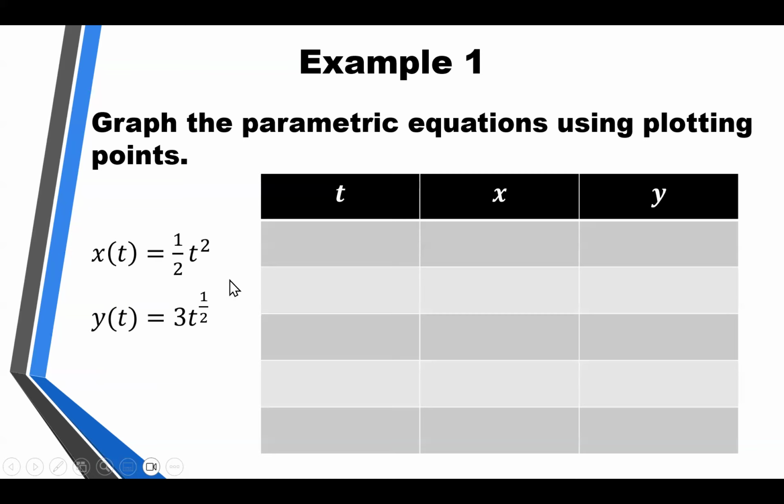Other times you'll see x is equal to f of t, or sometimes you'll just see x is equal to. But it all means the same thing. The x value is given by this equation. The y value is given by this equation.